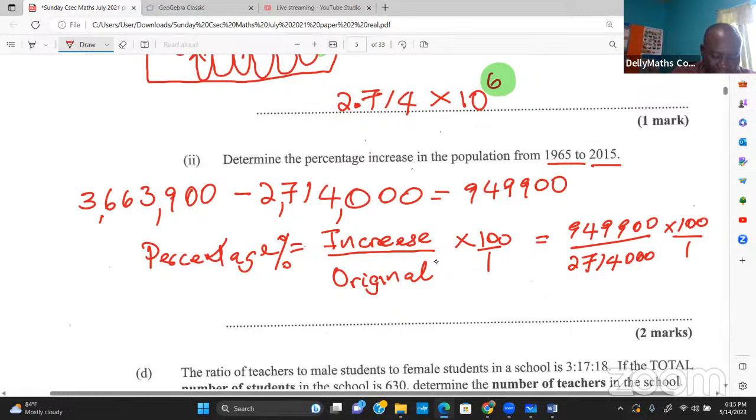Make sure that you're not making any errors, because it's very, very easy to write down a wrong figure. What are we looking at here? We're looking at 35%. So there is an increase of 35%. And here is a 2 marks that I believe you can easily get, right? Quick 2 marks.